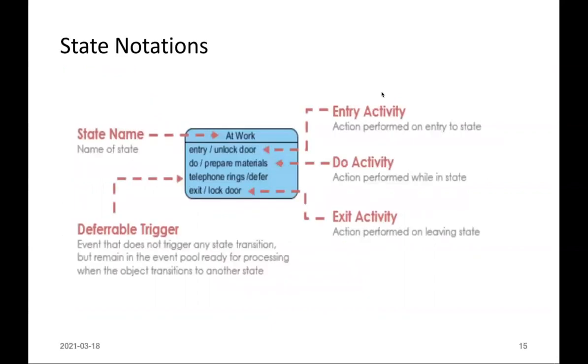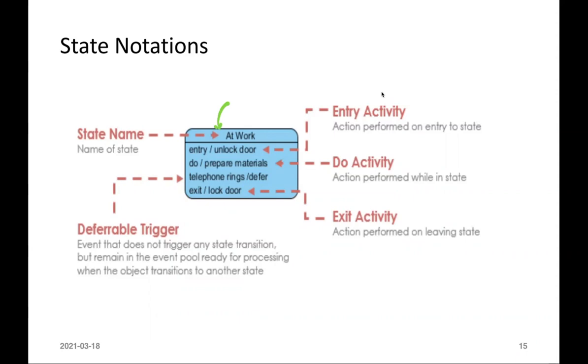In terms of state machine diagram notations, there are different notations that can be used. What I'm describing here are the commonly used state notations, in particular for defining a state. As I said, we always define the name of the state at the beginning in the rounded rectangle, and we also have to identify all the actions and triggers.